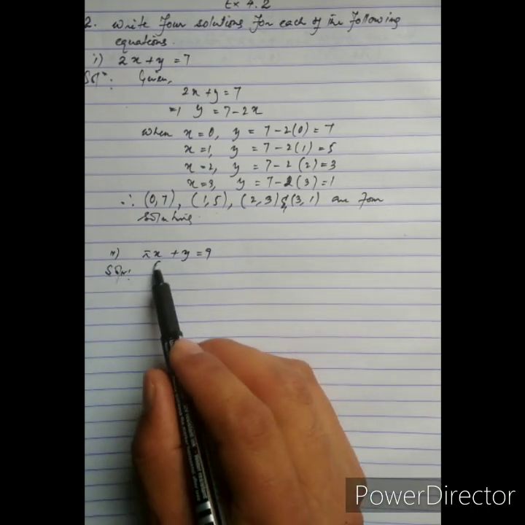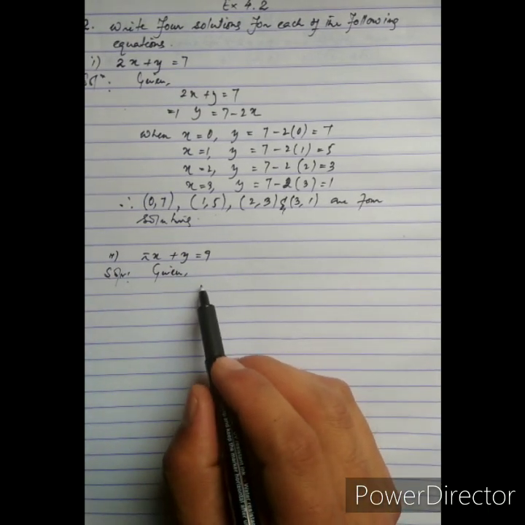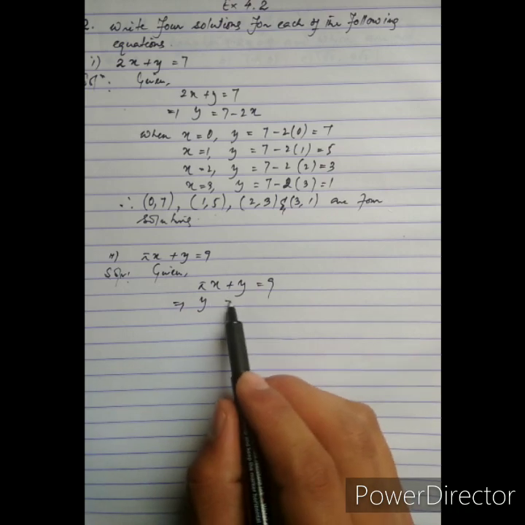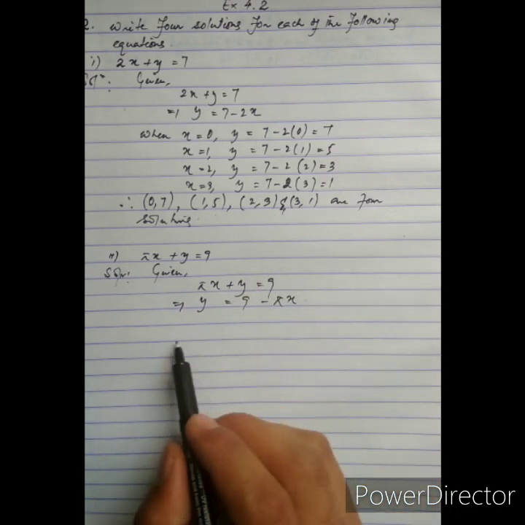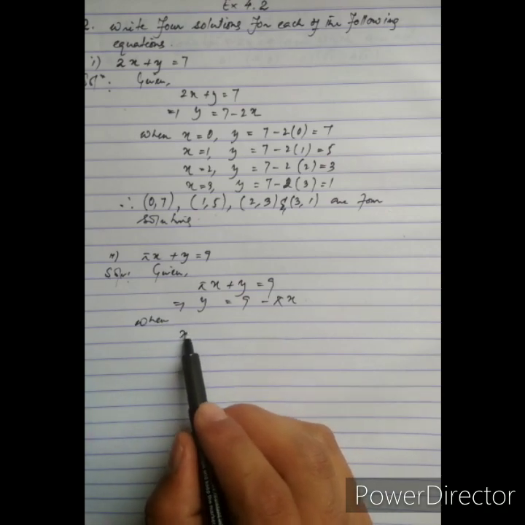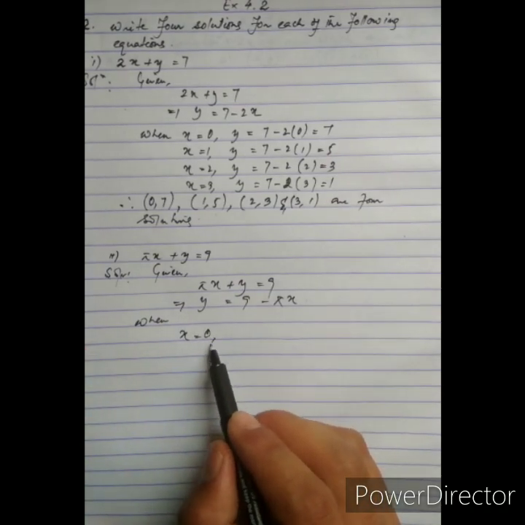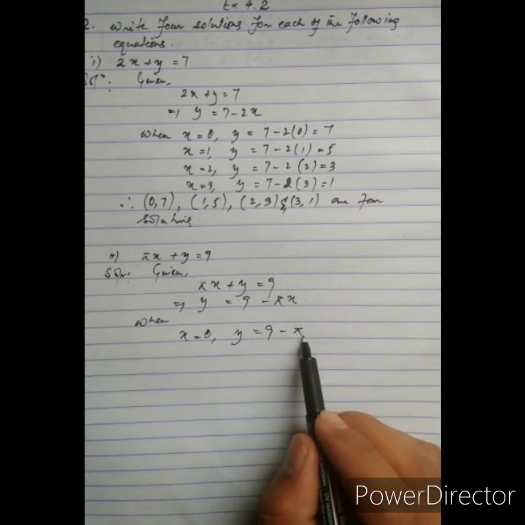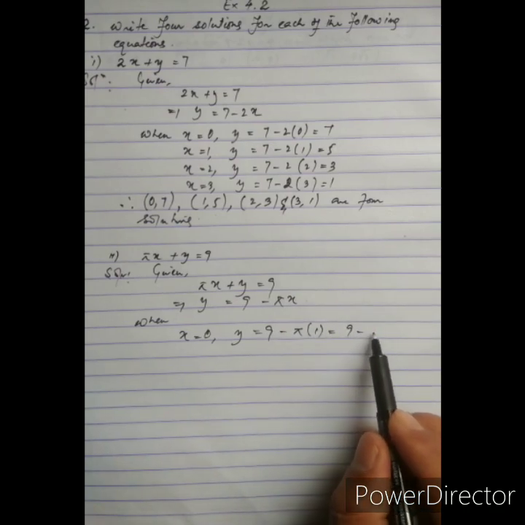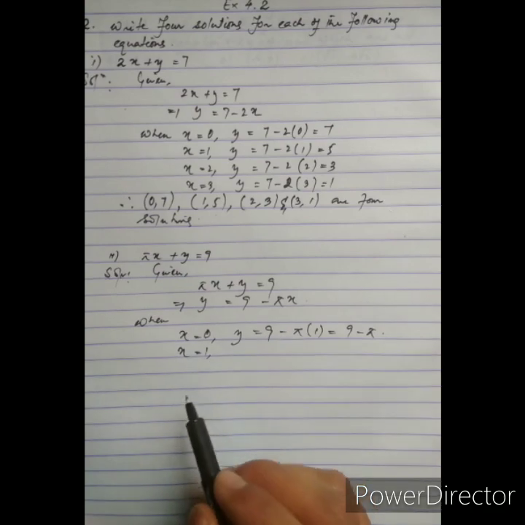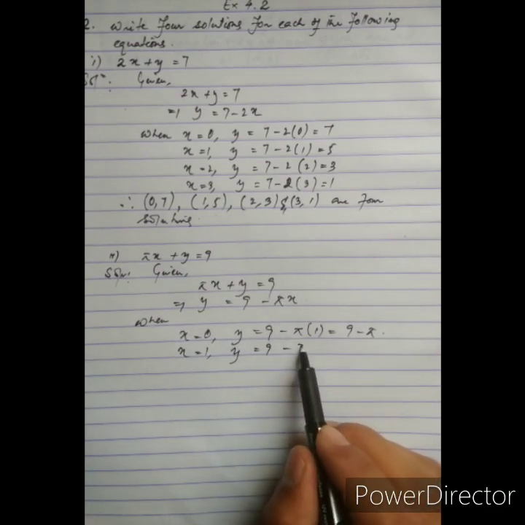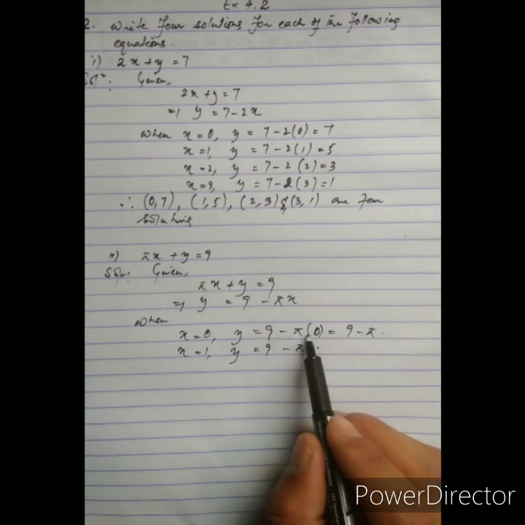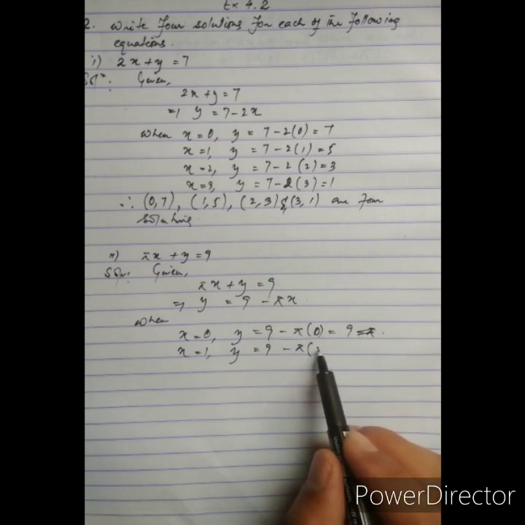So the second given equation is pi x plus y is 9, so y will be 9 minus pi x. So here when x is, you can take any real values here, but I'm just taking here 0, 1, 2, 3, it will be easier for you. And y will be 9 minus pi into, oh sorry, I'm supposed to take 0 here, so it will be pi into 0, 0, so we'll get just 9 only.